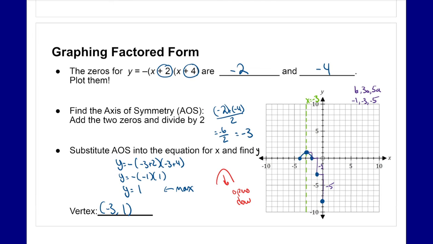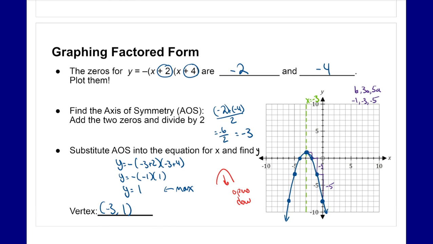And if I wanted to, I could keep on continuing, but I'm not going to have enough room. So this is enough to draw my graph. And I can just repeat that same procedure on the other side, or just fill in the missing side, because it is going to be symmetrical. And there we have our quadratic.